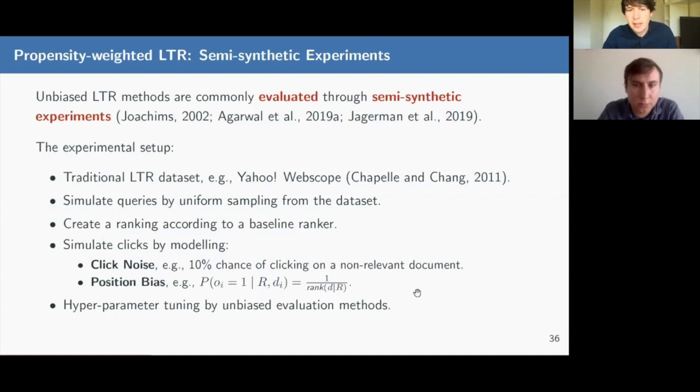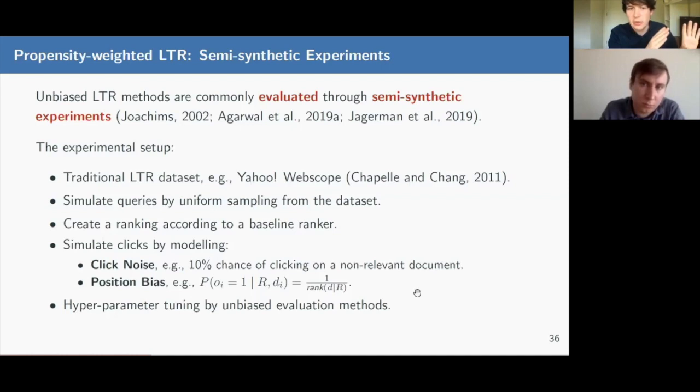And then we simulate click noise and position bias based on this ranking that we displayed, where the clicks are based on relevance, but they're noisy as well. And then we can do some hyperparameter tuning also based on these unbiased evaluation methods. So we simulate a large number of clicks. We make sure these clicks are noisy and biased. And then we don't use these annotations anymore.